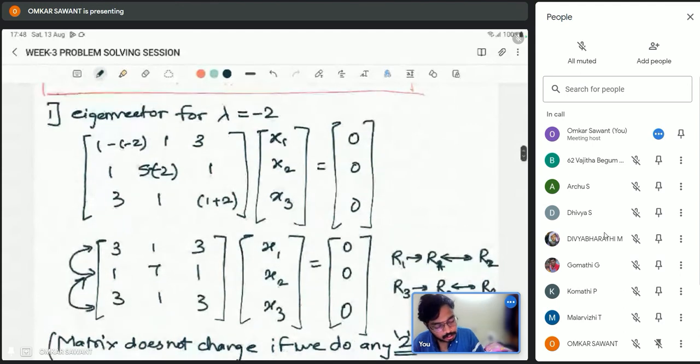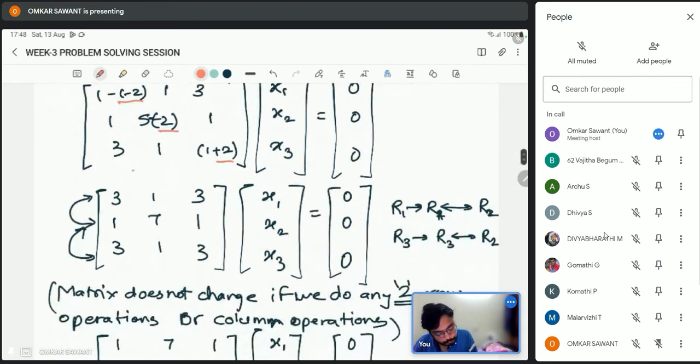Say for eigenvalue lambda minus 2, we subtracted minus 2, that means we are adding 2 diagonally. Then we will get this form. Is this clear? Is this clear, Komati? Yes, sir.